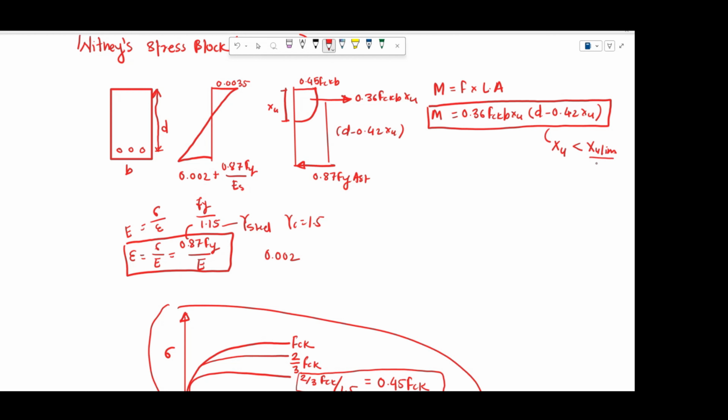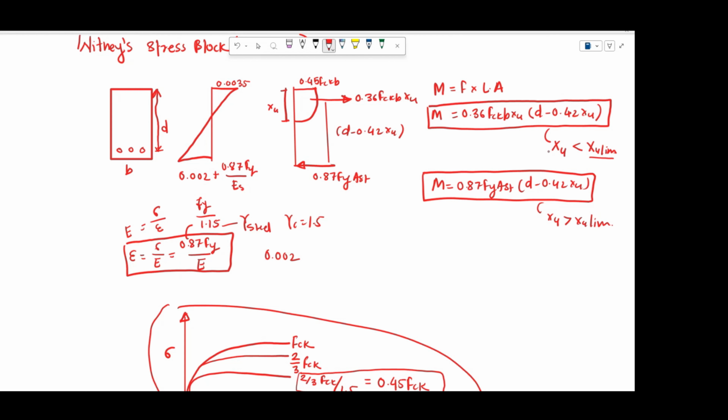This will come out when you have a balanced section, and this is something which you are getting as of now for your section. You will use this equation, 0.87 fy into Ast into d minus 0.42 xu, when you have an under-reinforced section, when xu is less than xu limit. And when you have a balanced section, you can use any one of the equations because your section is balanced. The xu is equal to the xu limit.